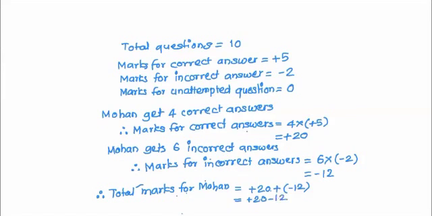Plus and minus means subtraction. So we'll do the subtraction in a rough work. 20 minus 12 is equal to 8. The answer is 8, and answer gets the sign of greater number. So in this case, greater number is 20. So sign of 20 is plus. So answer gets plus. So how many marks Mohan gets? Mohan gets 8 marks. So we need to write that statement.